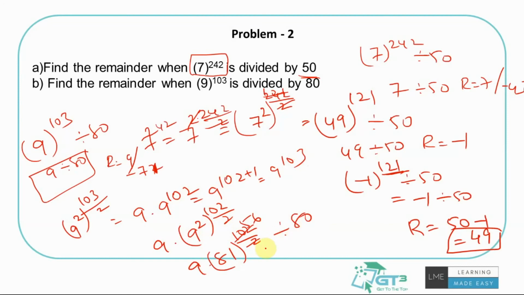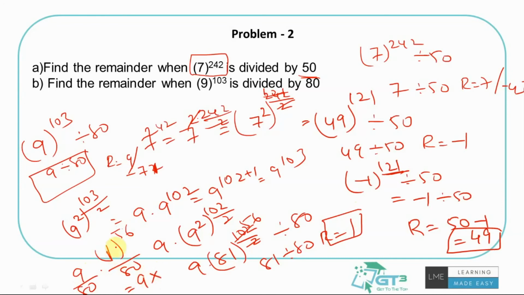So what is the remainder when 81 is divided by 80? It's 1. So this is fundamentally boiling down to 9 divided by 80 into 1 power 51 divided by 80. So 9 divided by 80, the remainder is 9. 1 power 51 is 1, so the remainder is 1. So finally I'm getting 9 as the remainder for this answer.